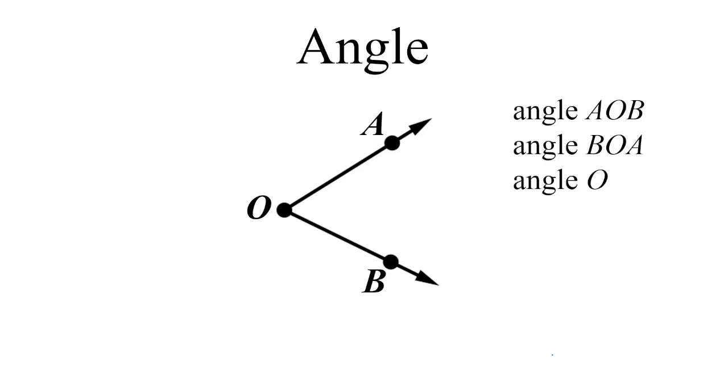Therefore, it can also be called angle O. And the symbol for an angle goes in front of the letters. Notice that the angle symbol sort of resembles a less than sign, but as you can see, the bottom is flat. So that's the symbol for an angle.